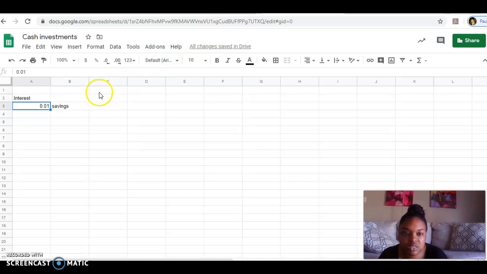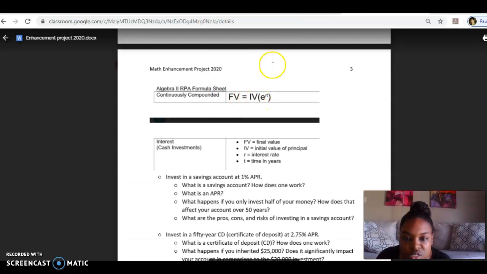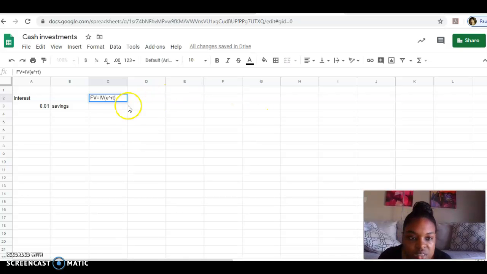So I'm going to insert this equation into this first box here. So I'm just going to type in the same equation that you just saw. And I'm going to check back just to make sure that I wrote it correctly.